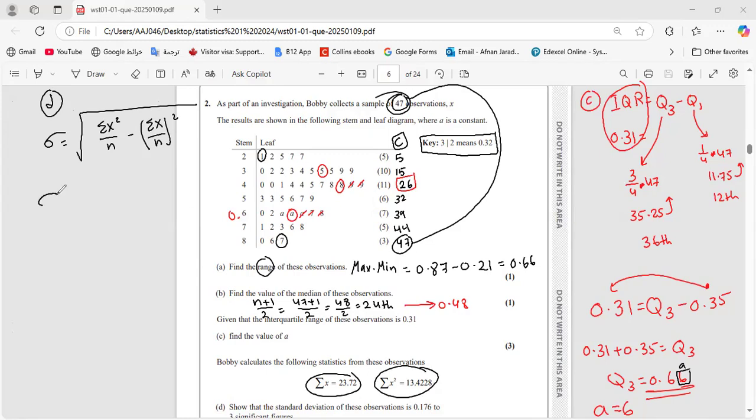So sigma, which is the standard deviation, equals the square root of 13.4228 divided by 47 minus 23.72 over 47, squared. Okay, so the standard deviation equals 0.176 to three significant figures.